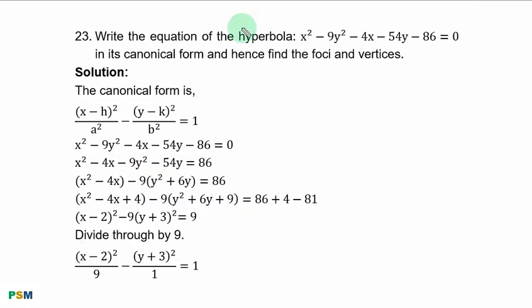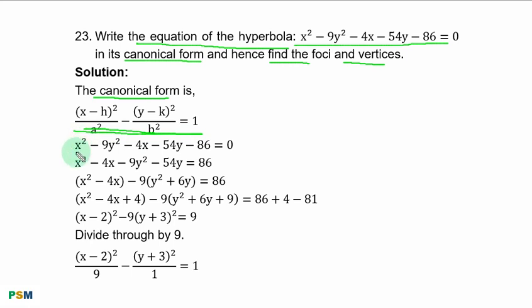Example 23, write the equation of the hyperbola x square minus 9y square minus 4x minus 54y minus 86 equal to 0 in canonical form, and hence find the foci and vertices. Solution: the required form is given by this equation.